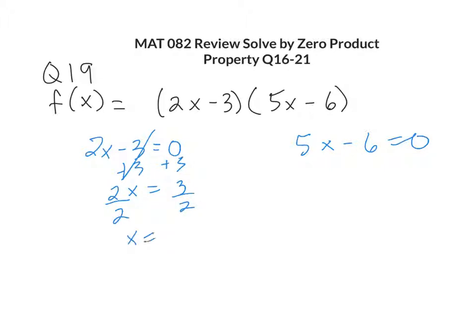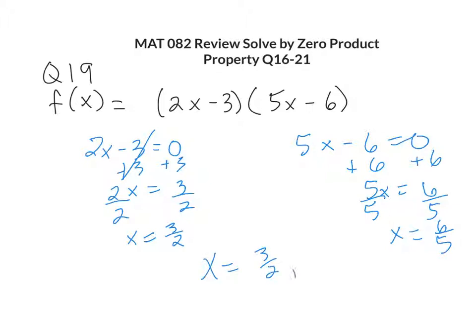So I get x equals 3/2. Just leave it in the fraction form. On the right, I need to get rid of -6, so I'm going to add 6. 0 plus 6 is 6, and then I can divide by 5. X will equal 6/5. So I would write x equals 3/2 and 6/5.